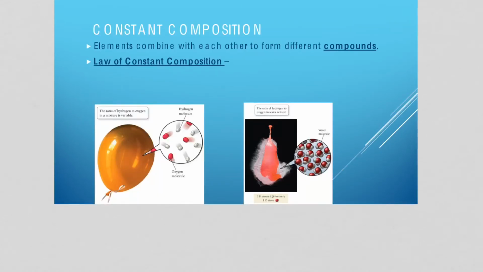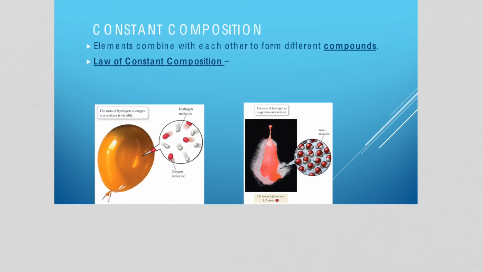One of the first things that we have to understand with compounds is this idea of constant composition. What this essentially means is that when we write out the formula for a compound, it is always going to be the same for that given compound.